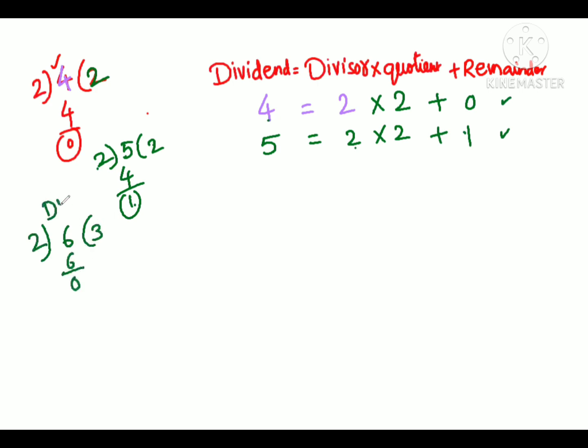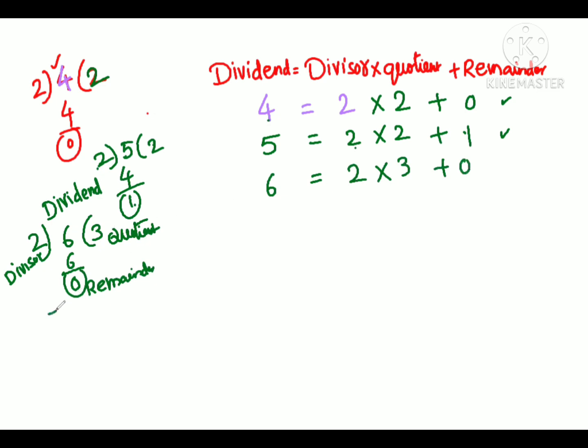The number being divided is called the dividend, the divisor is the one which divides, 3 is the quotient, and this is the remainder. Here there is no remainder. So 6 is equal to 2 into 3 plus 0.